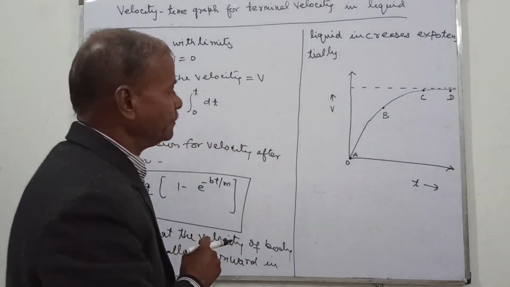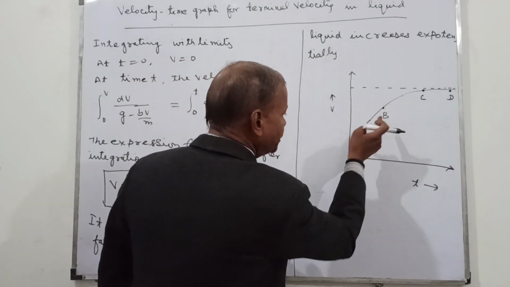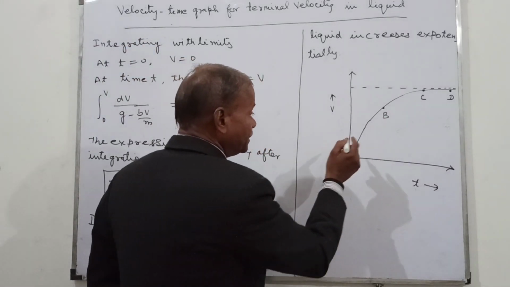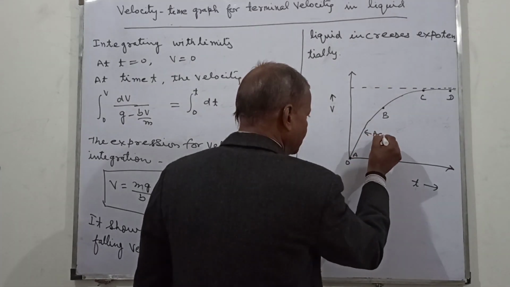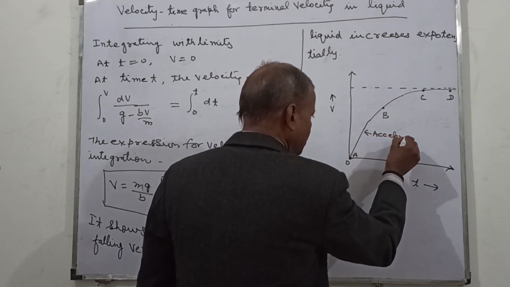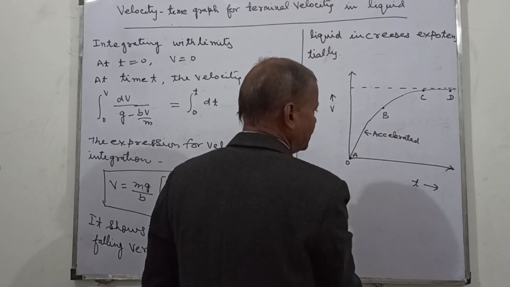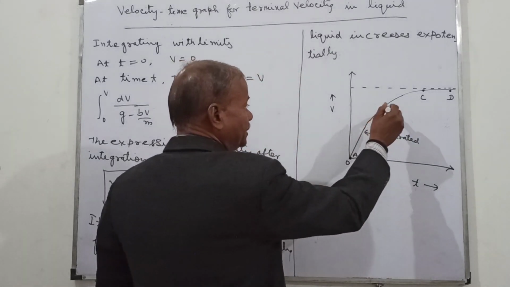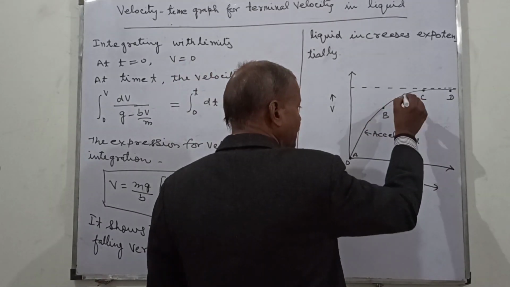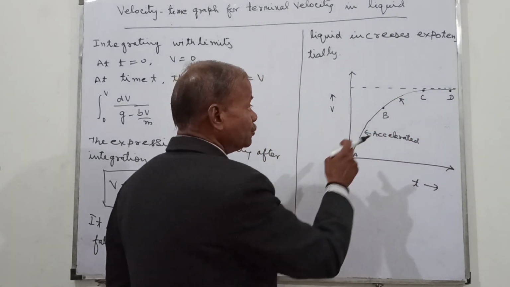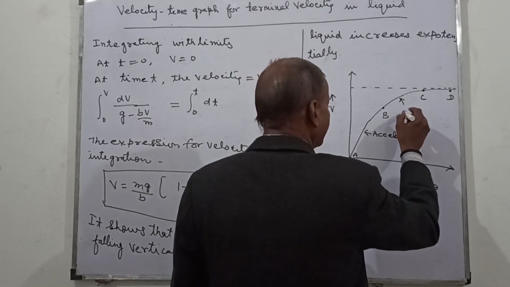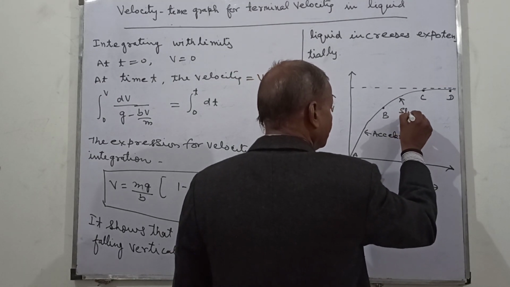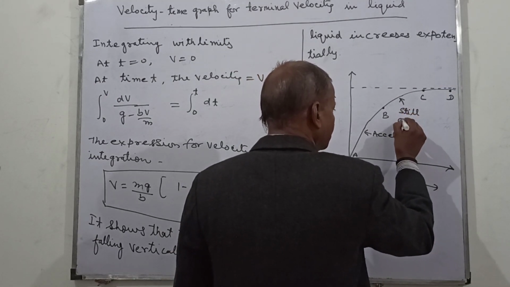So now what we have is that from A to B there is acceleration; the body is accelerated. In this portion the drag force has come into place, so this shows that the body is still accelerated.